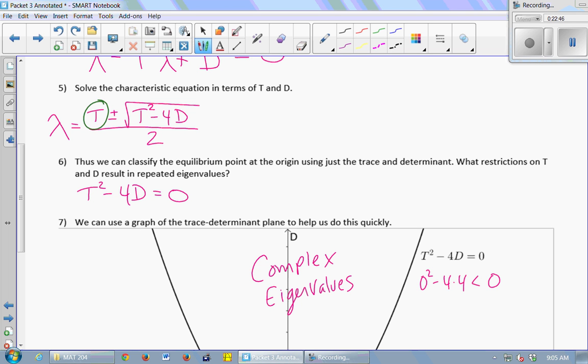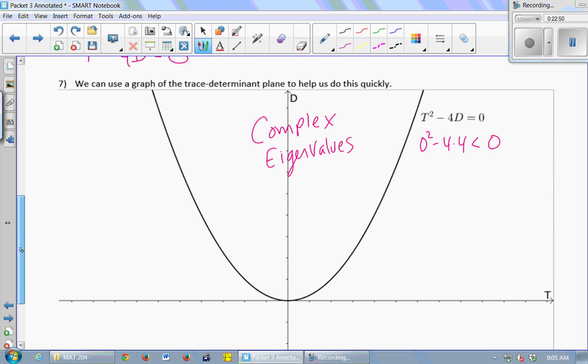If the trace is negative, you're going to get a spiral sink. So to the right of the D-axis, that's where T is positive. So over here, we have spiral sources. And when T is negative, we have a spiral sink.